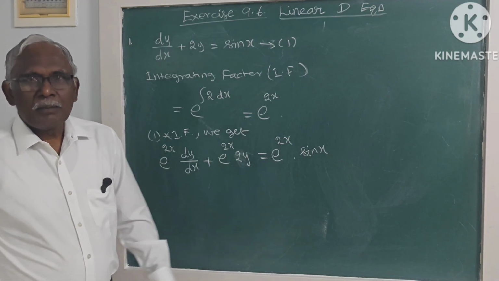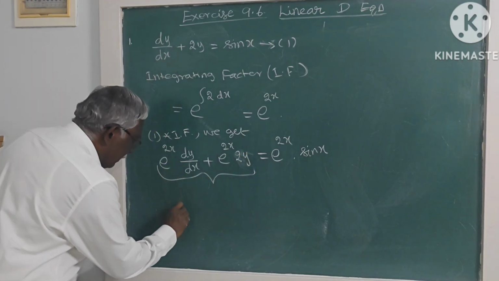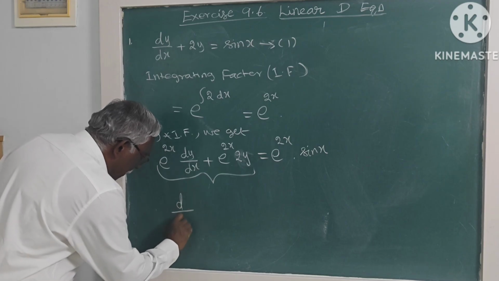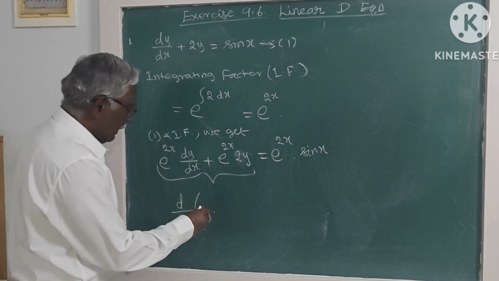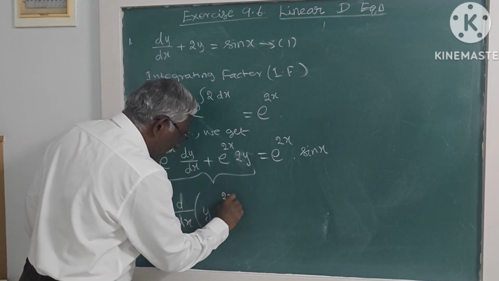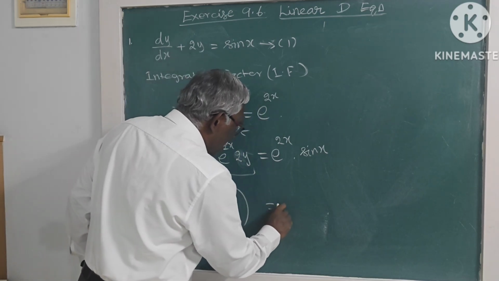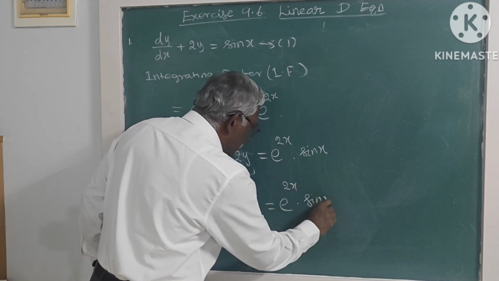The left hand side of this equation becomes d by dx of y into integrating factor. Integrating factor is e power 2x. So this is equal to e power 2x into sin x.